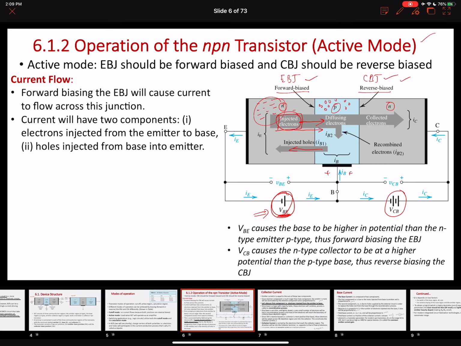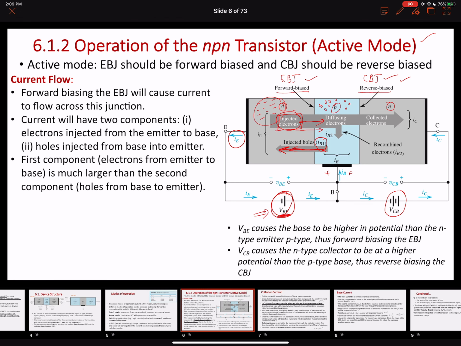These will be known as injected electrons from the emitter to the base. And at the same time, free holes from the base region will start to move from the base to the emitter. That is why you can see that the direction of the emitter current is coming out of the emitter terminal. Another important distinction is that the emitter current is composed of two different components: one is these injected electrons, the other is these injected holes.